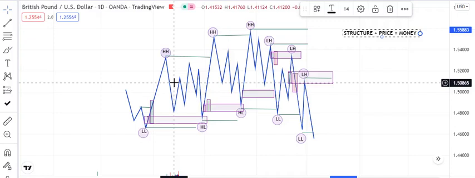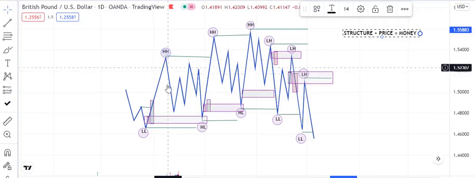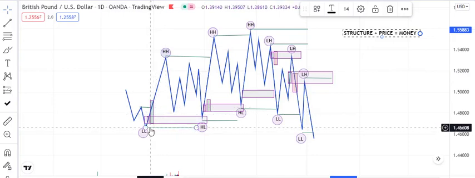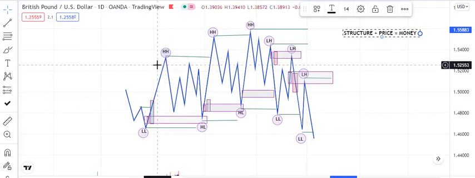Now once price breaks a particular structure and forms a new higher high in the case of a bullish structure, your duty is to mark that swing high with a horizontal line and that swing low with a horizontal line. As you can see, this is our low, and this is our higher high because it's higher than this high. Very simple.